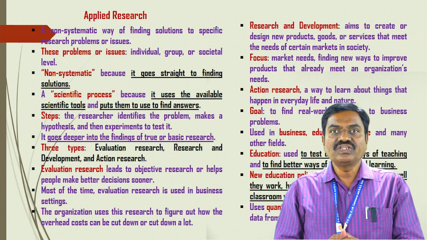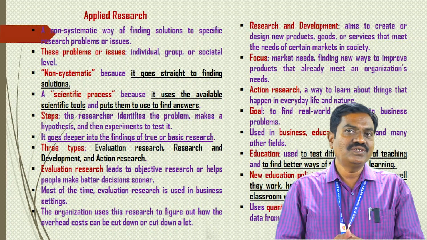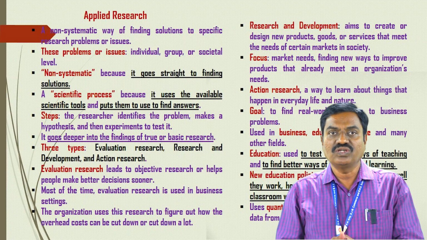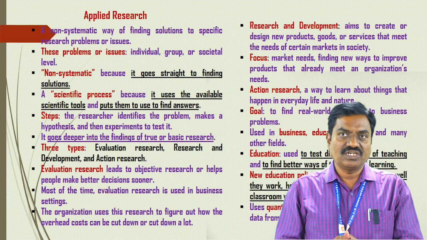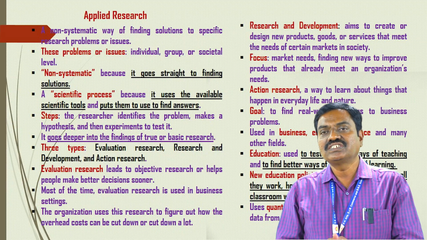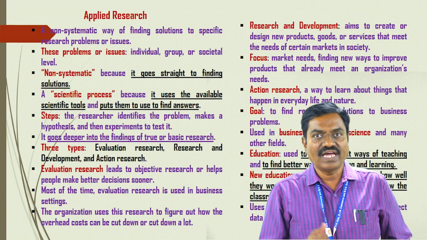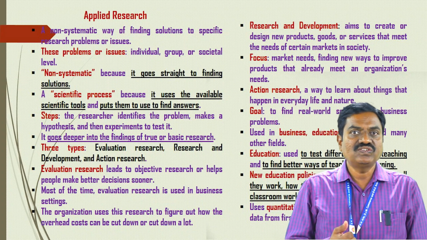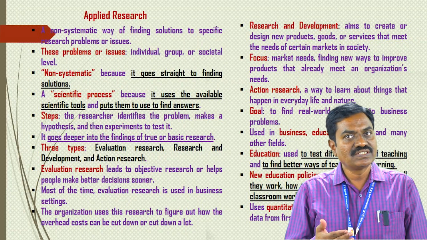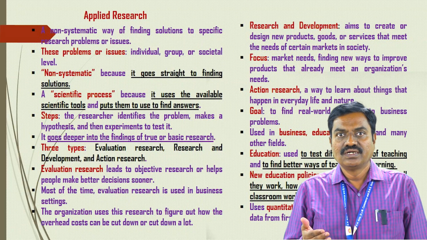The evaluation research leads to objective research or helps people make better decisions sooner. Most of the time, evaluation research is used in business settings. The organization uses this research to figure out how the overhead costs can be cut down a lot.